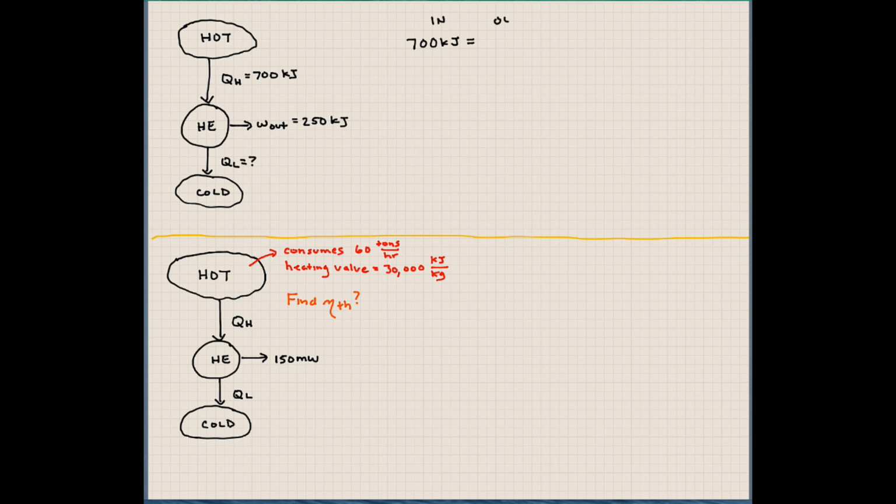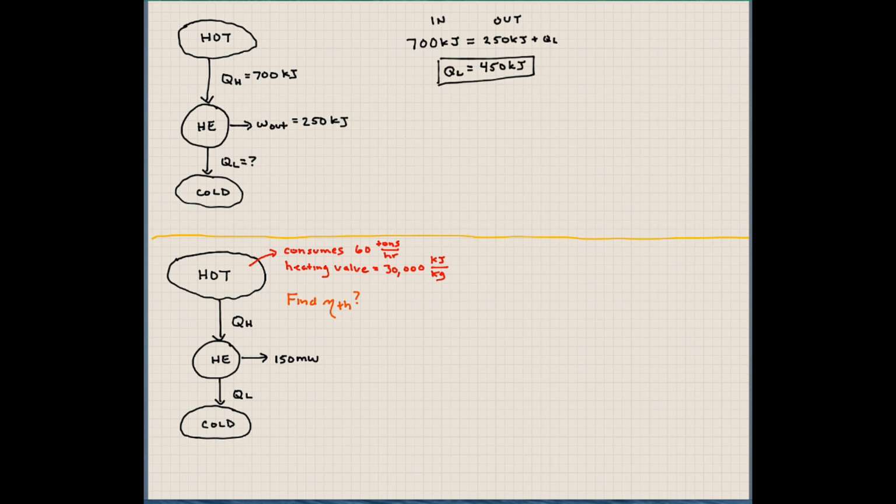What's coming out of our heat engine, remember, we have to apply the first law of thermodynamics also, which says energy is conserved, where we have 250 kilojoules coming out as work, plus QL. So, solving for QL, we get 450 kilojoules.